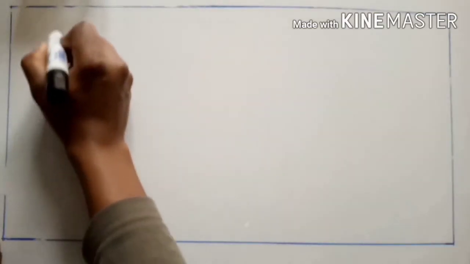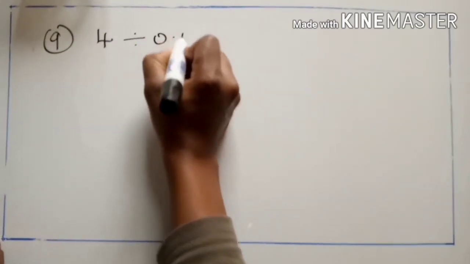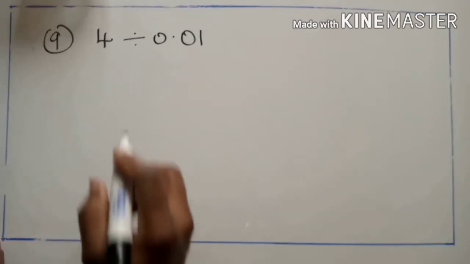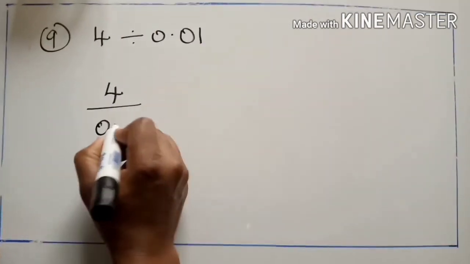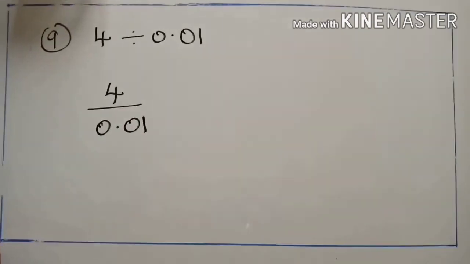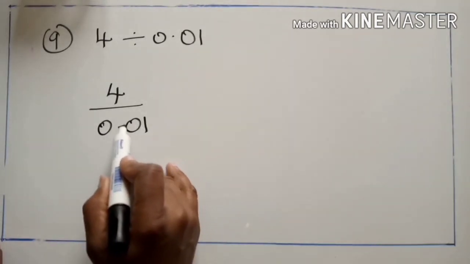So our ninth example will be 4 divided by 0.01. Now with this we are going to write it as a fraction. But we have to change our divisor, which is the denominator, to be a whole number. For us to do that, we look at how many decimal places there are.